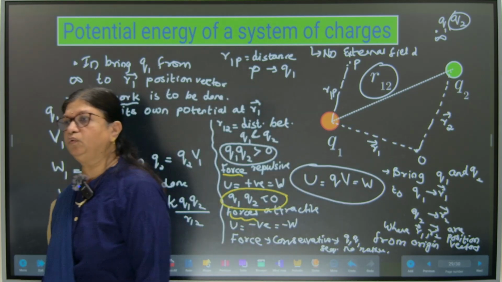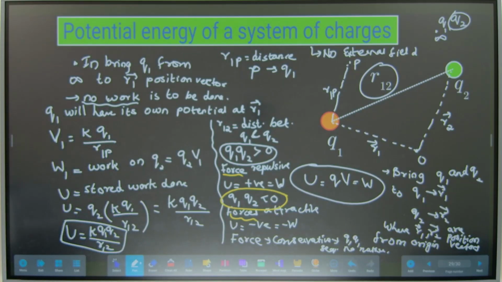Okay. I'll just take a pic of what we have done. What word is used other than potential energy of a system of charges? Associate.